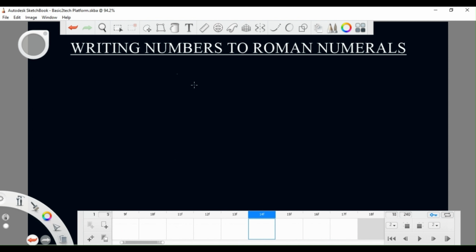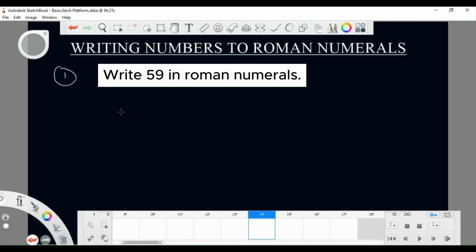Now let's see how we can convert numbers to Roman numerals. Question 1, it says write 59 in Roman numerals. Now we can break this down. It's 50 plus 9, 59.